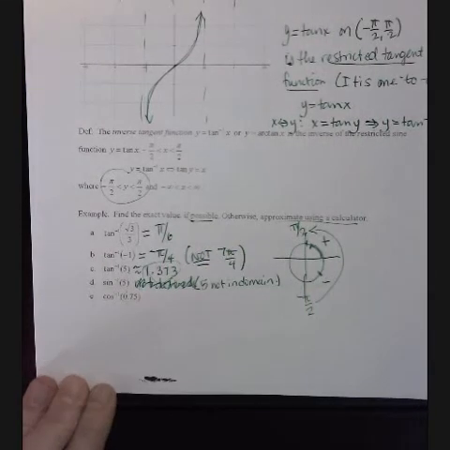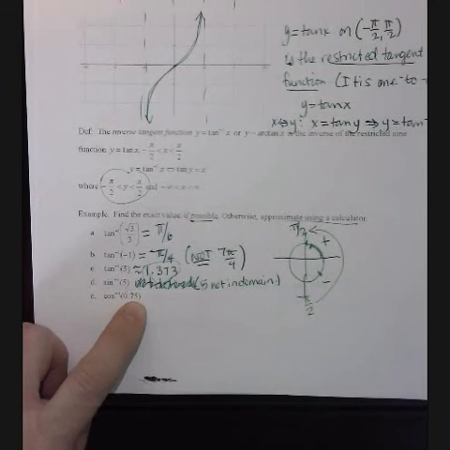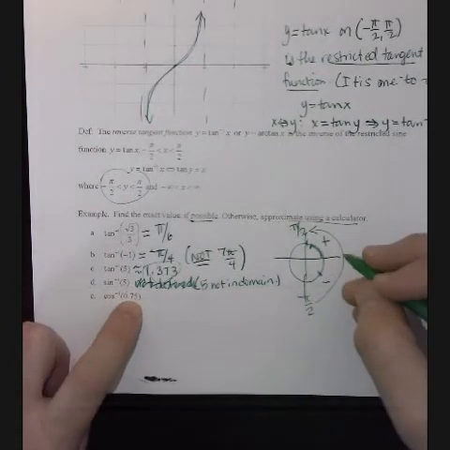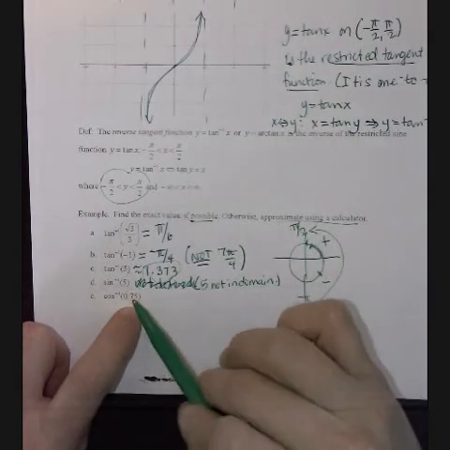Okay, cosine inverse of 0.75. That is smaller than 1, so this is defined. What this is saying is, okay, the arc length is 0.75. No, sorry, the x-coordinate is 0.75. What's the arc length, basically? Or what number has a cosine that's equal to 0.75?